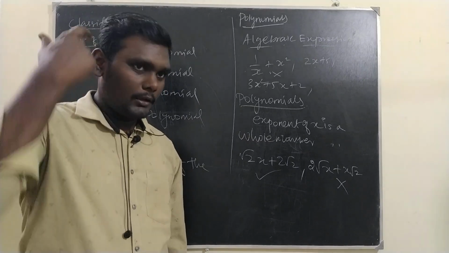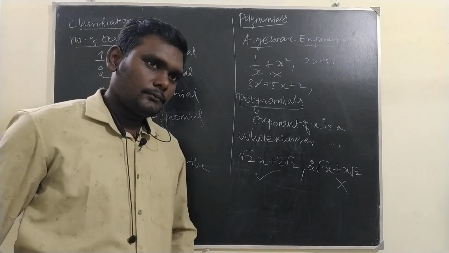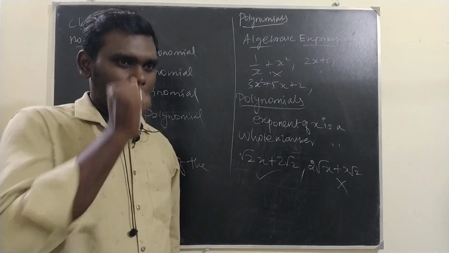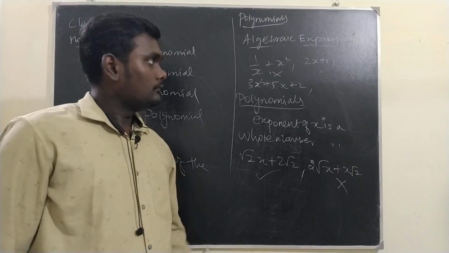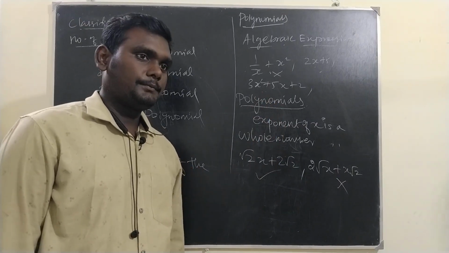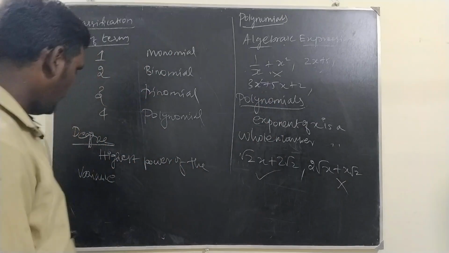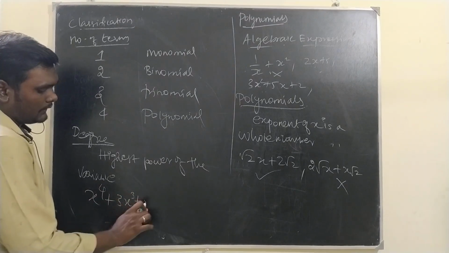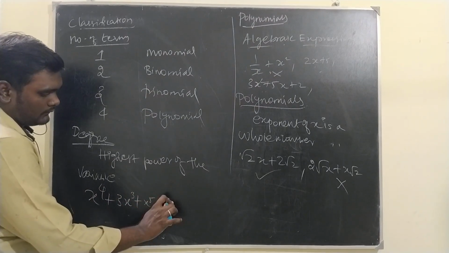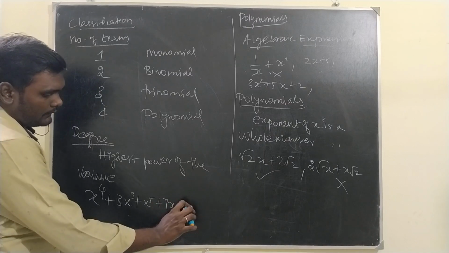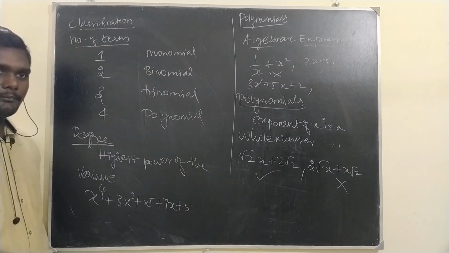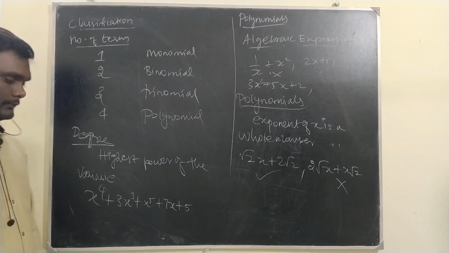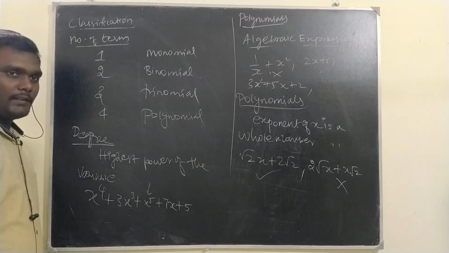That is not even a polynomial. Okay. And then, what is the degree of this guy? What is the degree of this one? 2. Now, x power 4 plus 3x cube plus 7x plus 5. What is the degree of this polynomial? 4. Is it? 5. They may play hide and seek as well.